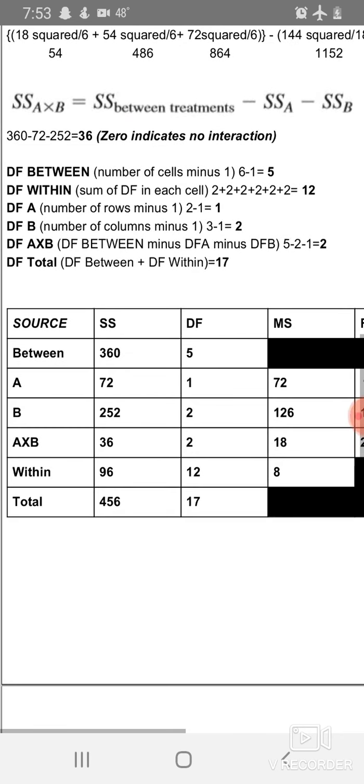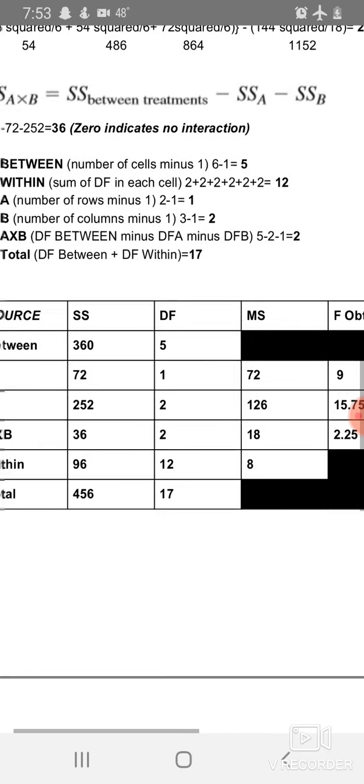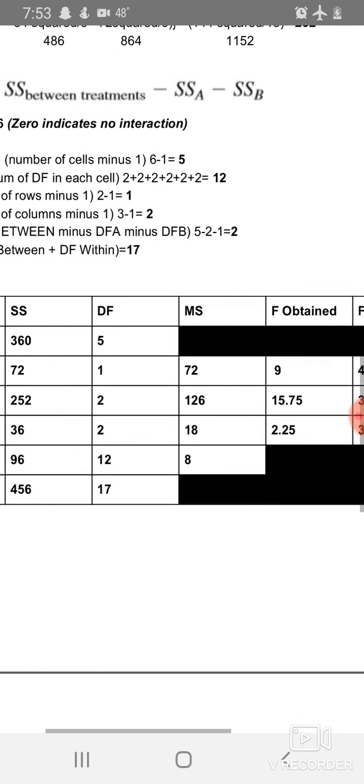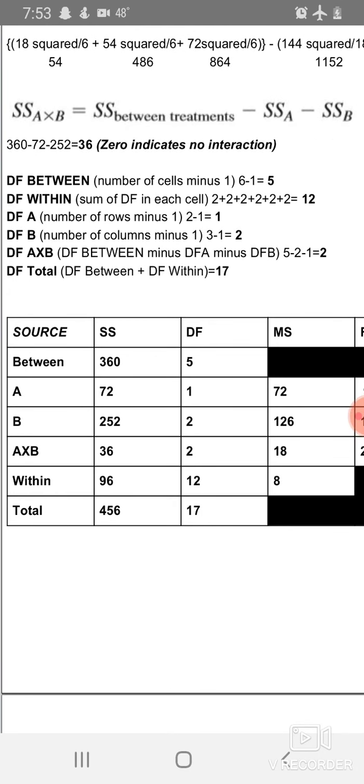So for A, 72 divided by 1 equals 72. For B, 252 divided by 2 equals 126. And for A by B, 36 divided by 2 equals 18. And finally, for within, 96 divided by 12 equals 8.